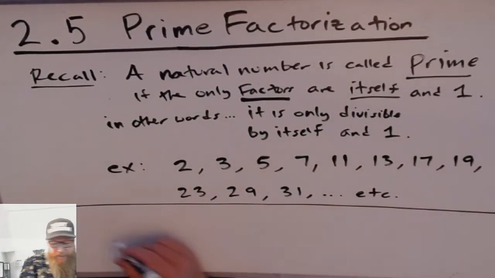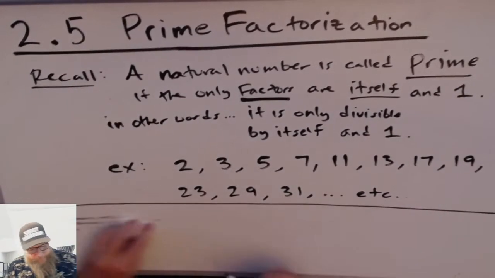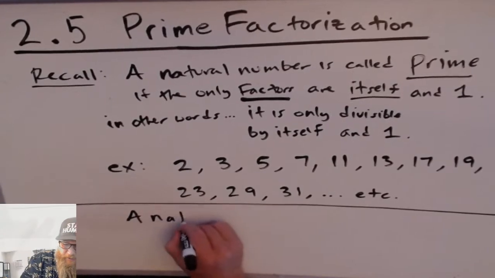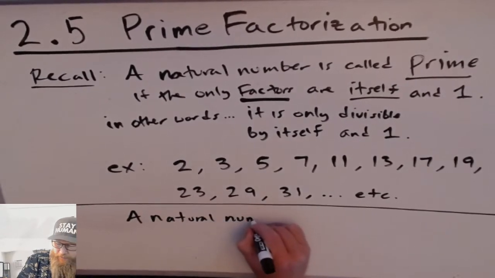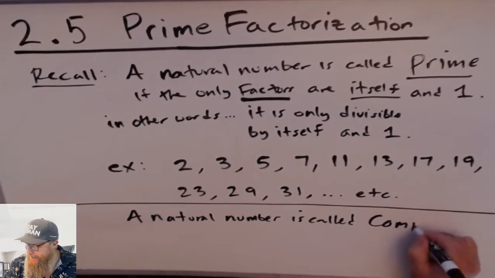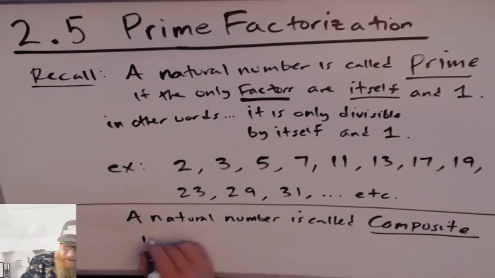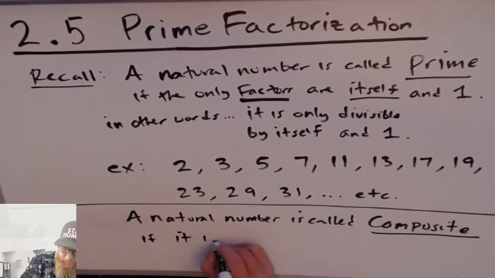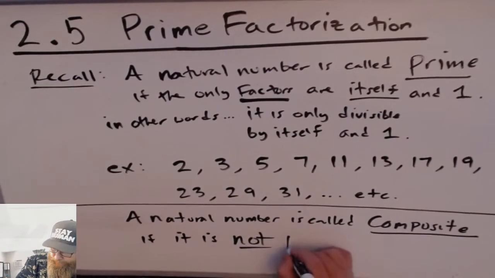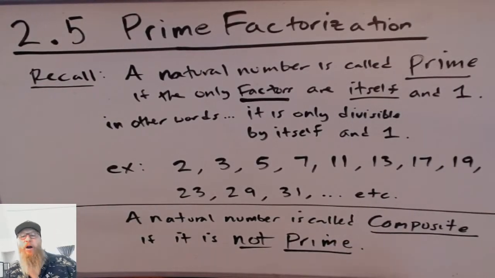Today, we're going to be talking about composite numbers. A natural number is called composite if it is not prime. So a number that is not prime, we call that a composite number.